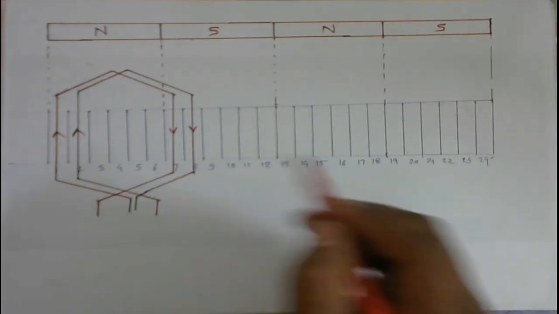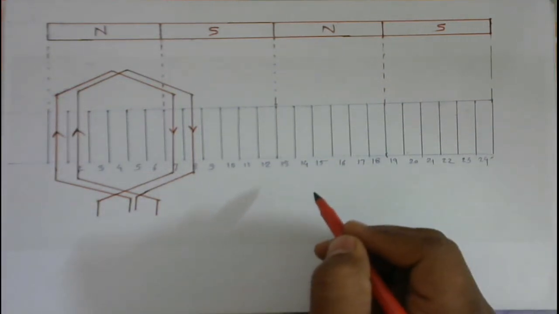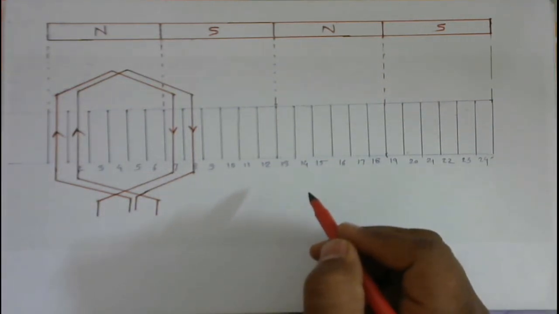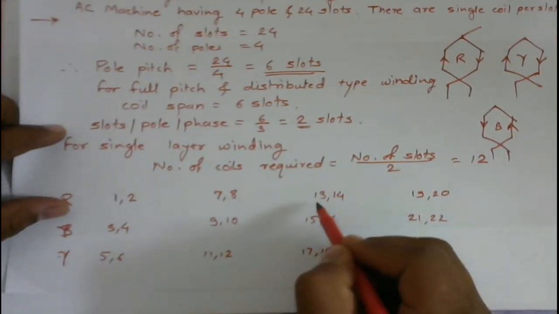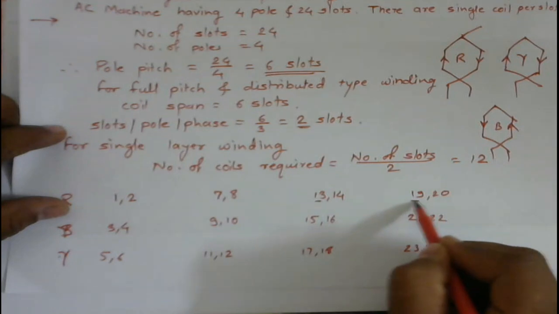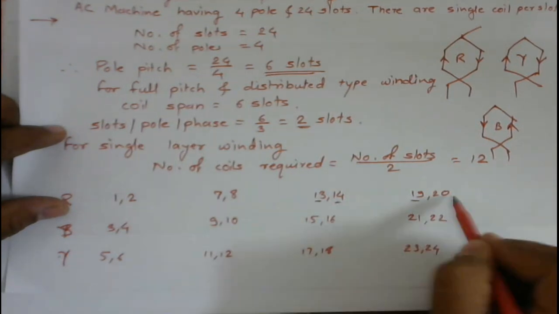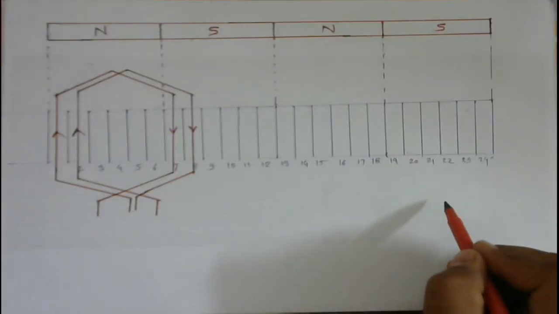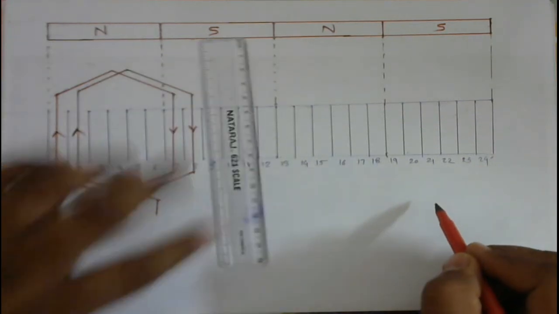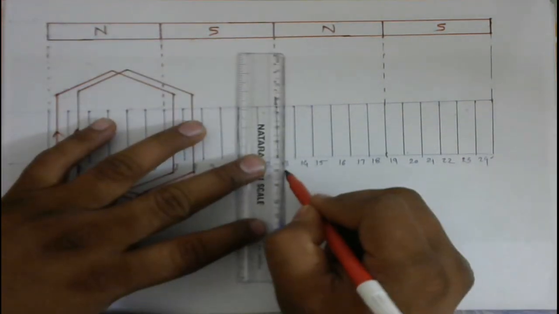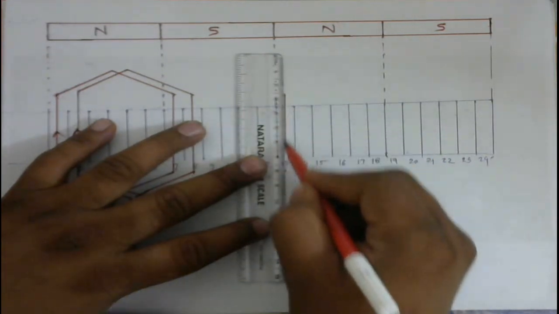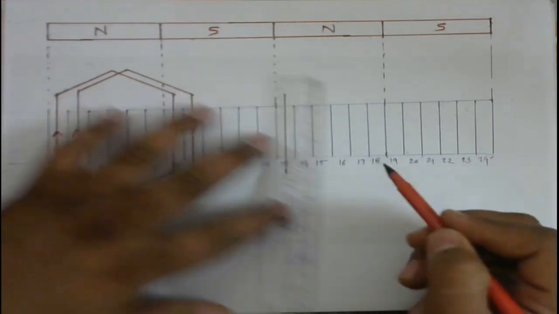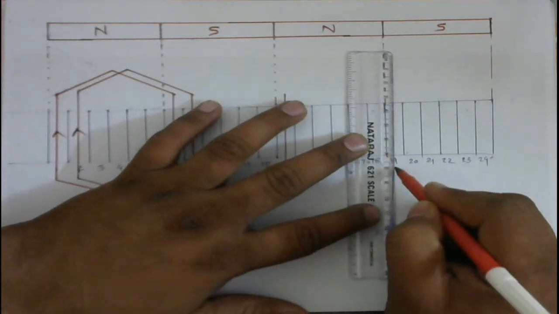So I place two coils, two more coils are remaining. The third one will be from 13th to 19th, and the fourth will be 14 to 20. So accordingly from 13th I will draw another coil of R phase up to 19th.